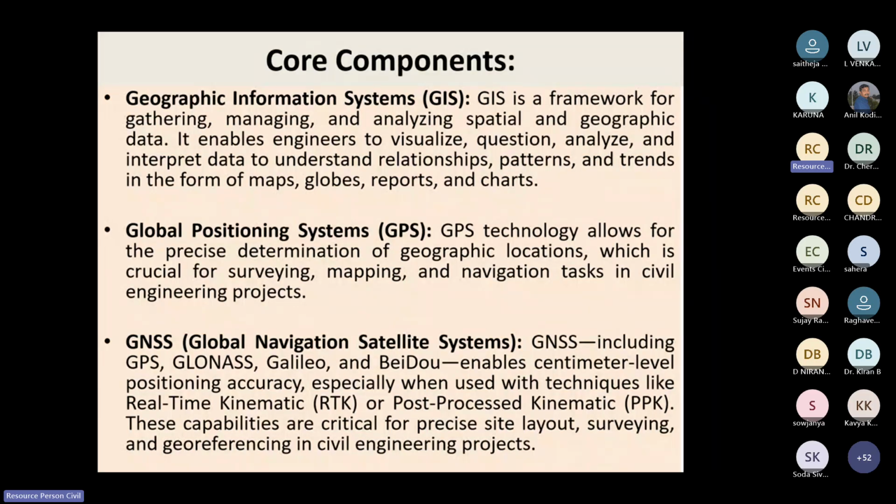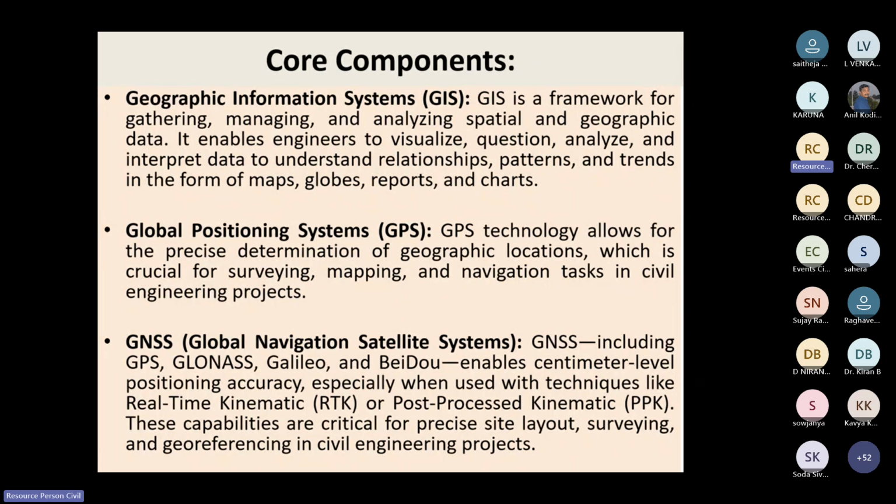The accuracies vary. For GNSS, you can get centimeter-level accuracy, but with GPS instruments you get 6 to 10 meter accuracy. That means if you draw a circle around the collected point, the point may lie somewhere within that circle.